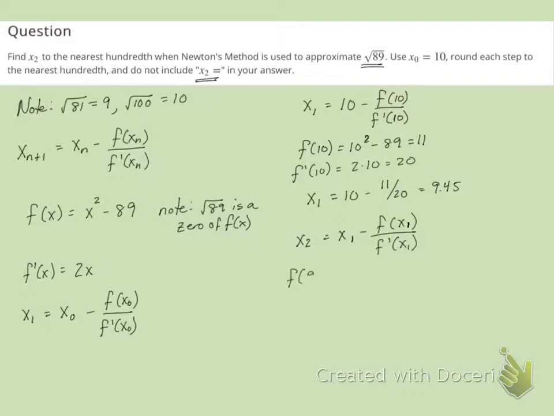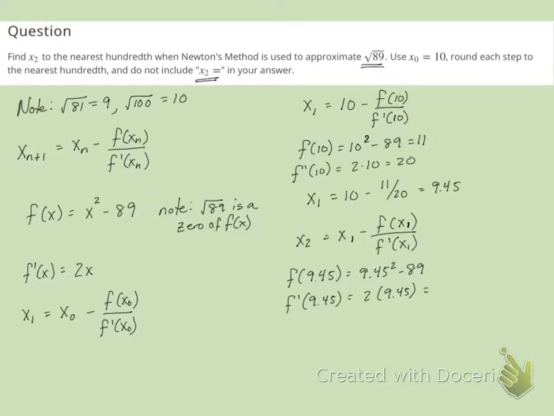So f of 9.45 is going to be 9.45 squared minus 89, and f prime of 9.45 is going to be 2 times 9.45.